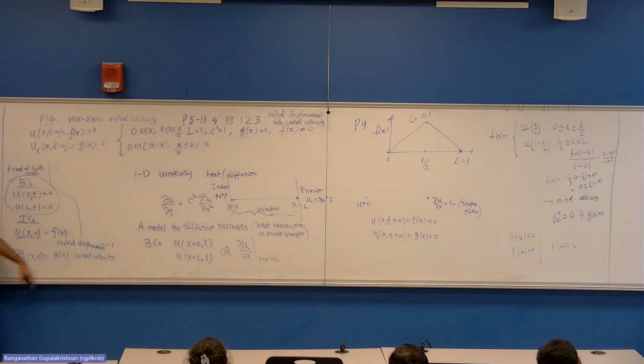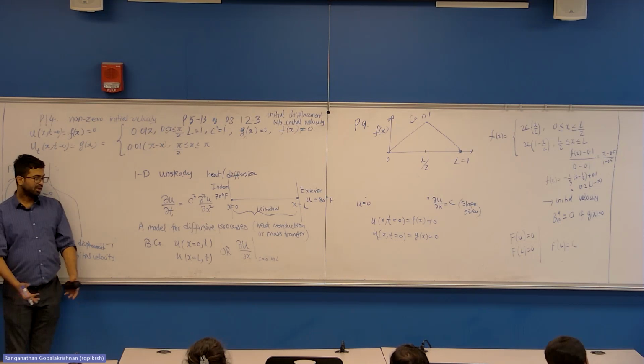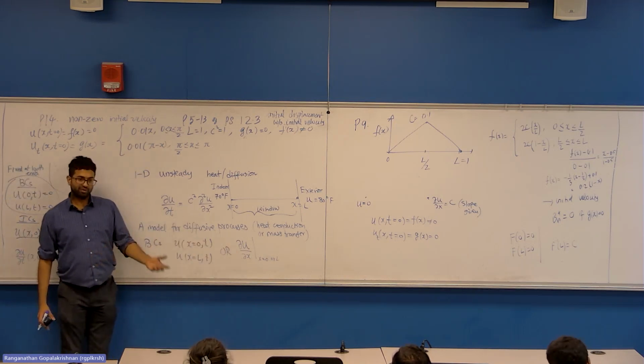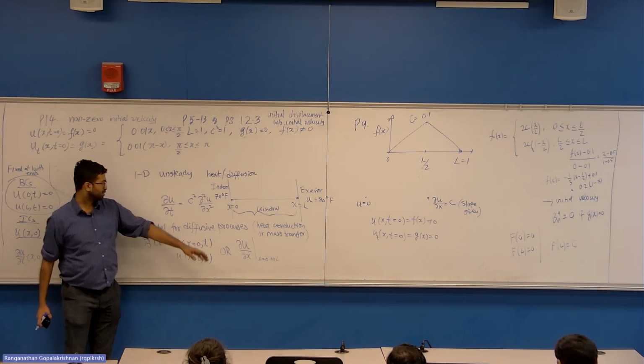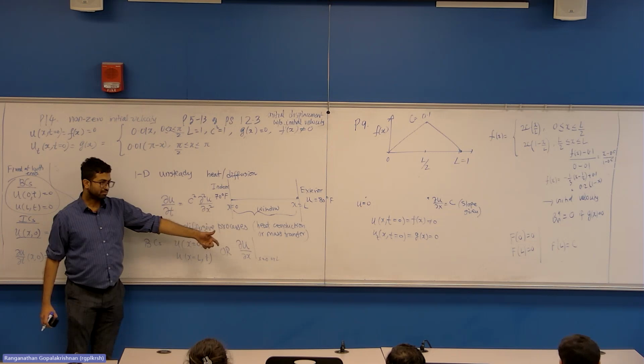Setting the value of the function is like setting the temperature, whereas setting the slope could represent setting the heat flux. Now, experimentally, you know this, setting a heat flux is much easier than setting temperature.